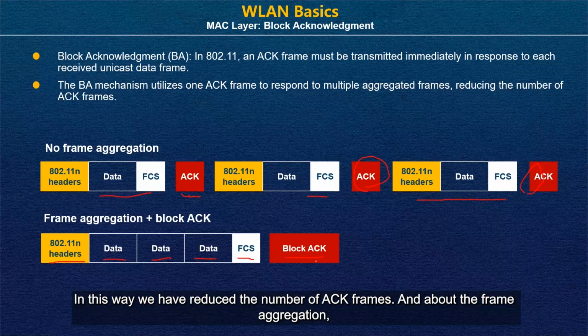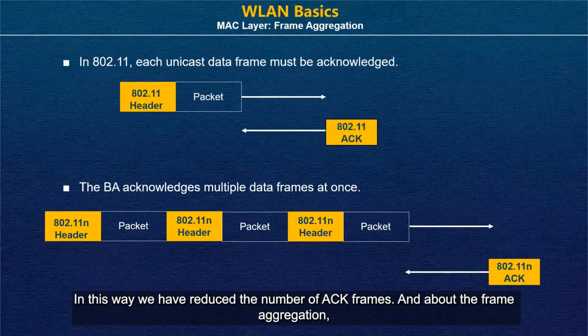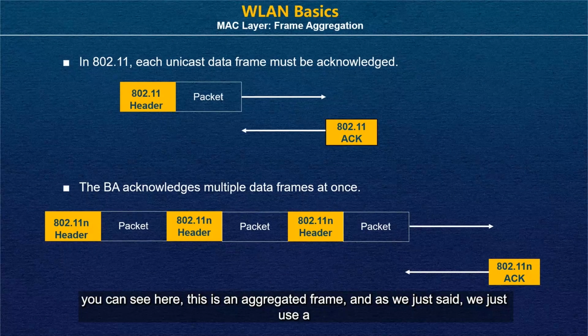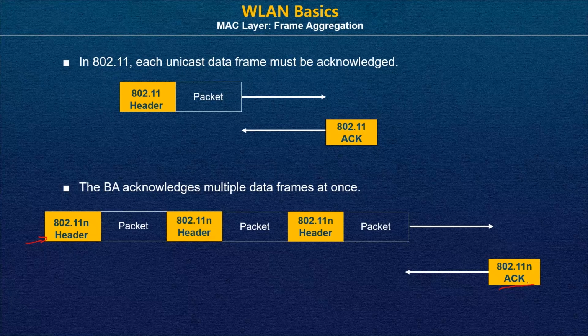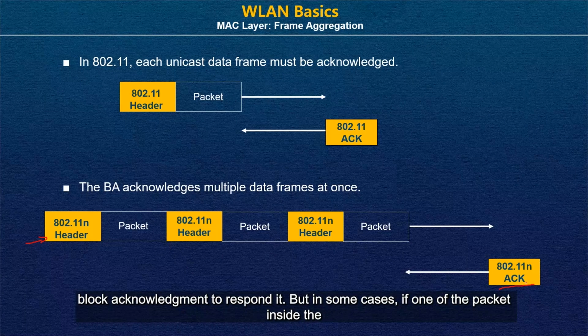In this way, we have reduced the number of ACK frames. And about the frame aggregation, you can see here, this is an aggregated frame, and as we just said, we just use a block acknowledgement to respond to it.